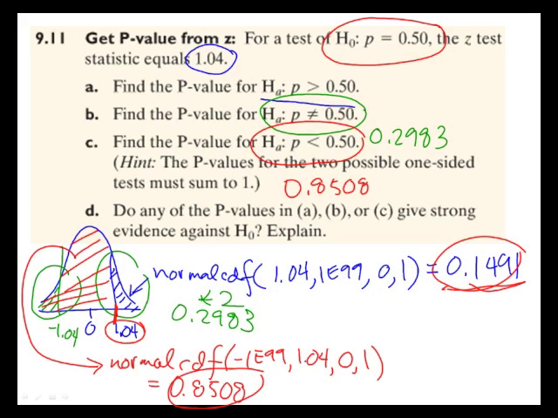And again, remember our chart: the smaller p is, the stronger the evidence. If you're less than 0.05, you've got strong evidence. If you're less than 0.01, you've got very strong evidence. When you're more than 0.1, you've got weak to moderate. When you're more than 0.2, you've got weak. So remember that sort of thing. Does that answer your question? Any other questions?